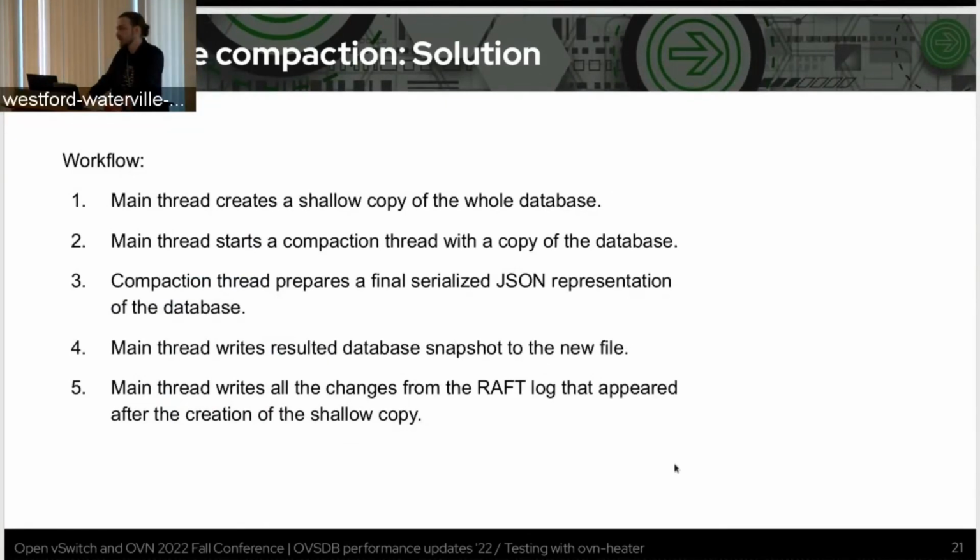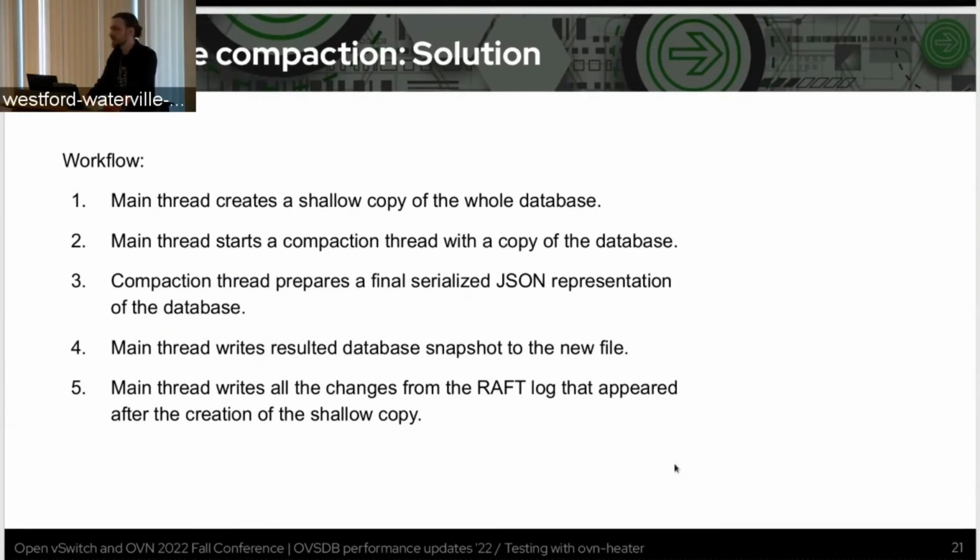What we can do with that is quickly create a shallow copy of the whole database in the main thread. Then give it to a compaction thread that will transform it into the database file format for us. And then the main thread can get this result and write it on disk.